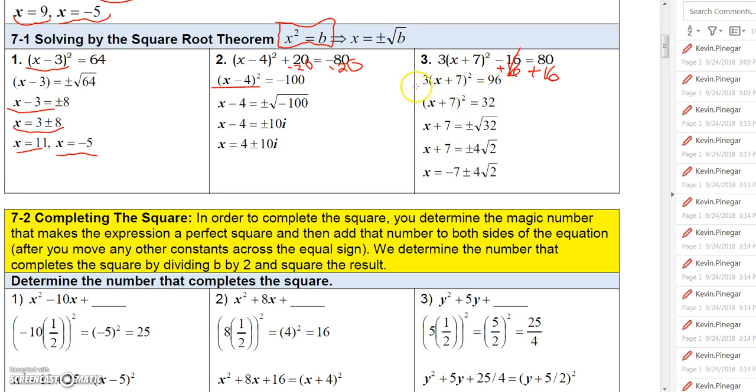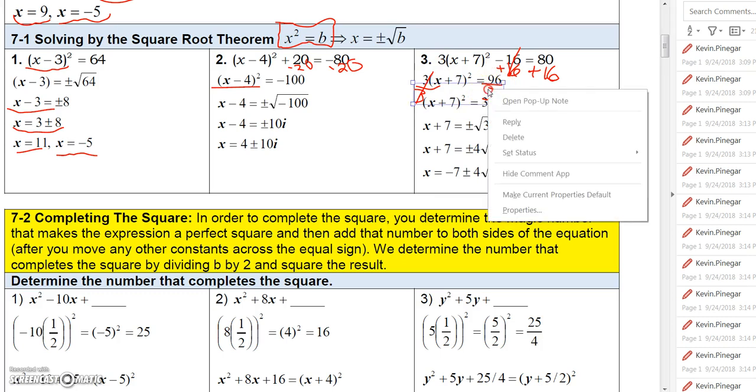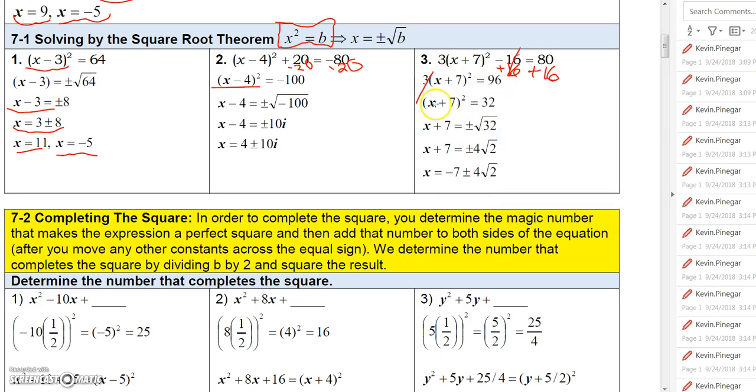Well, then the next step, you want to get rid of this 3, so just divide both sides by 3. On the left, it's going to cancel the 3s, and on the right, it's going to give you 32. So we have x plus 7 quantity squared equals 32.